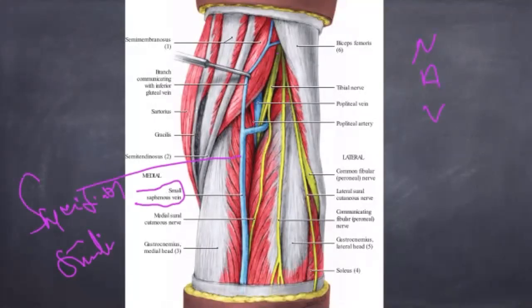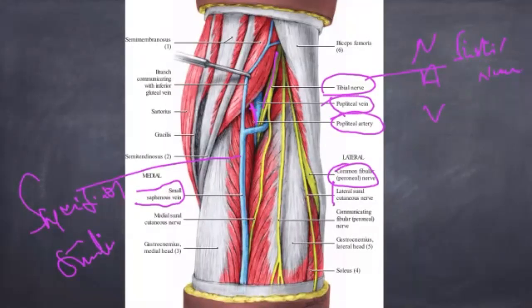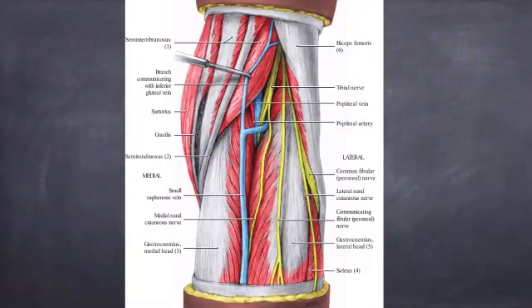And there are nerves: the tibial nerve, which is a branch of the sciatic nerve, and the common fibular nerve, common peroneal nerve. Here lie the popliteal artery and popliteal vein, right. Those are the contents of the popliteal fossa.